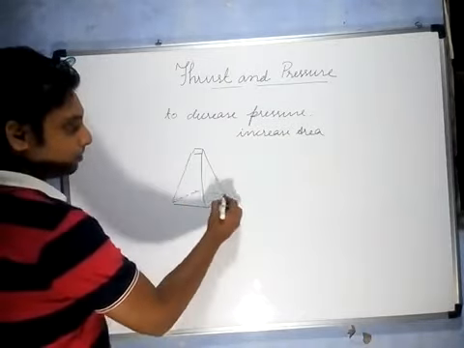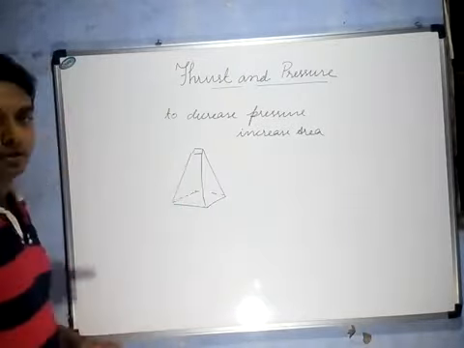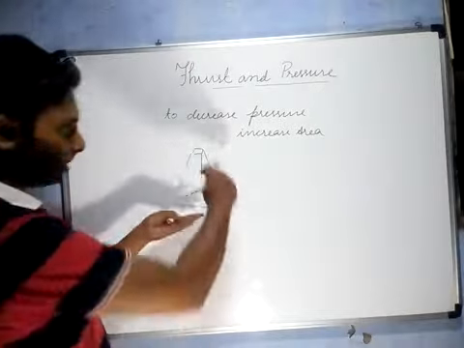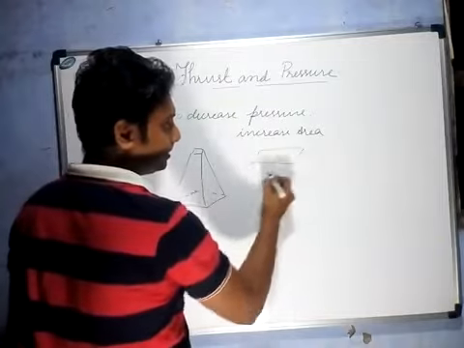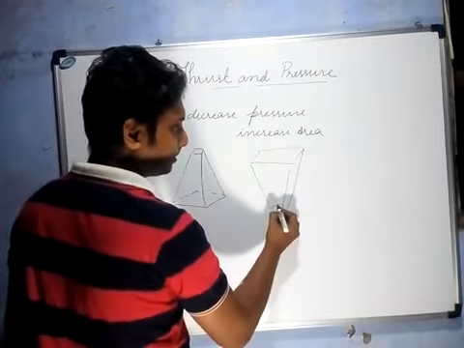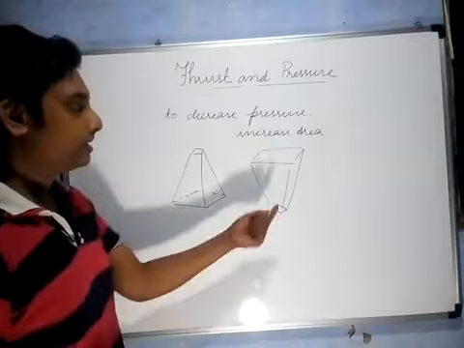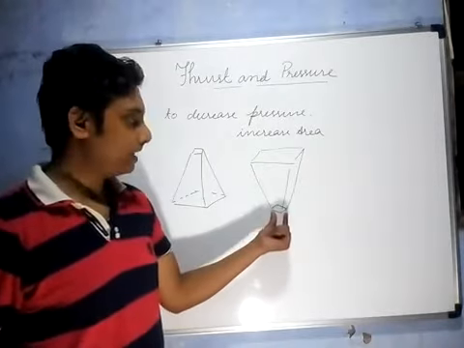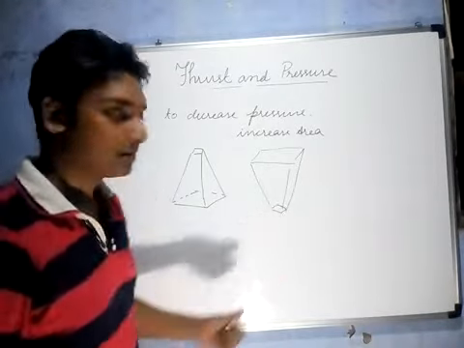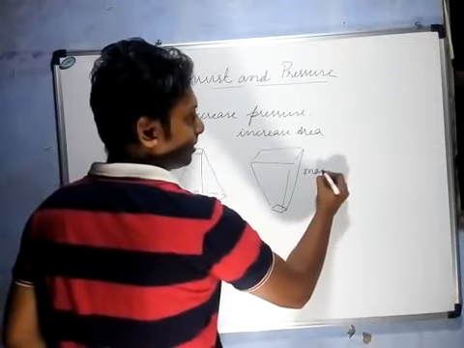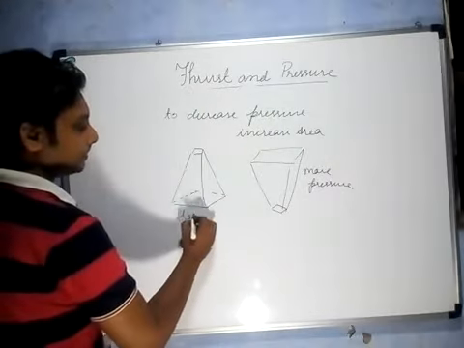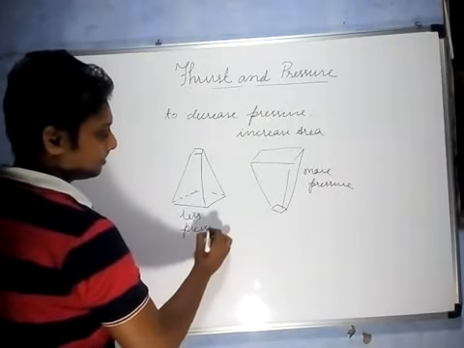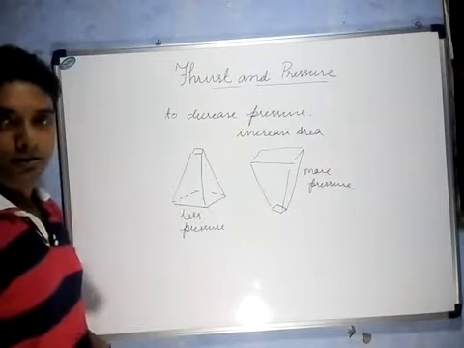Will it exert more pressure or less pressure on the surface? When this is the base, it will exert less pressure. But if we keep this one in an inverted way, the same thing will exert more pressure because of the less area of the base. So here we can write more pressure and here less pressure. Is it clear?